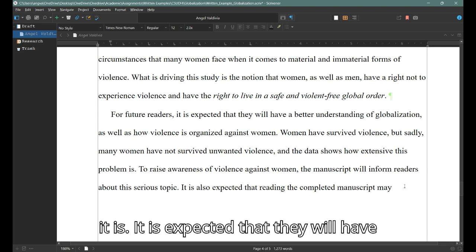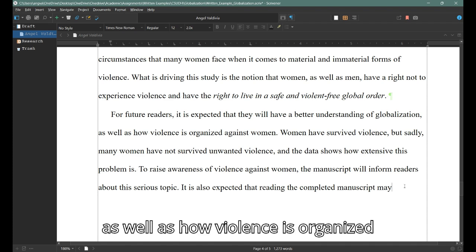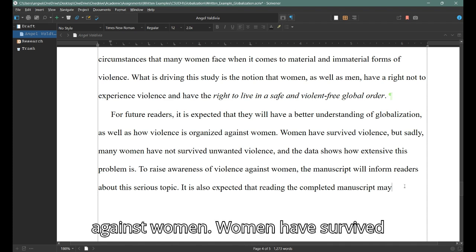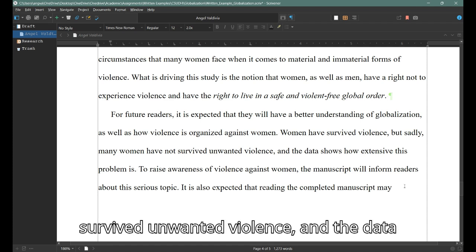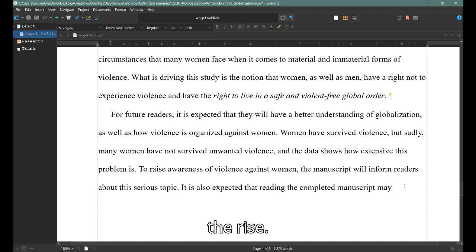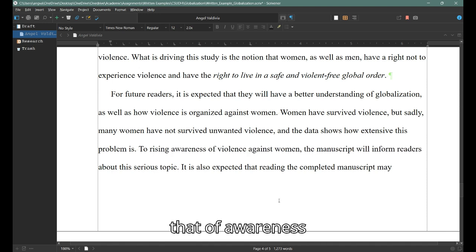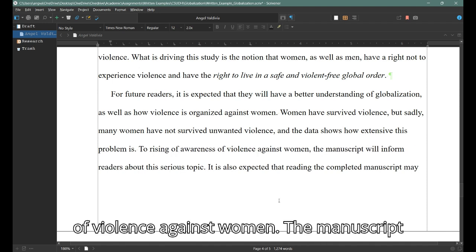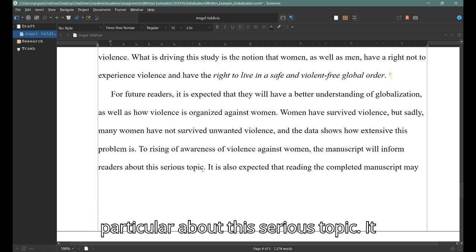For future readers, it is expected that they will have a better understanding of globalization as well as how violence is organized against women. Women have survived violence, but sadly, many women have not survived unwanted violence, and the data shows how extensive this problem is. With the rising awareness of violence against women, the manuscript will inform readers about this serious topic.